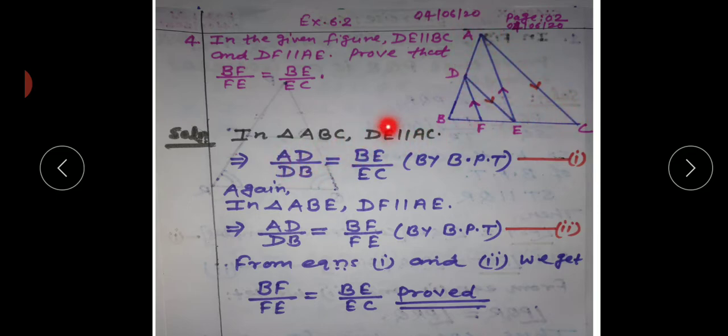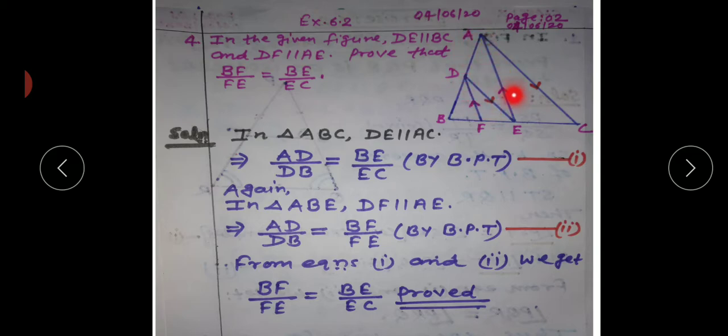So this line segment DE will divide these two sides AB and BC in the same ratio. That is, the ratio of AD upon DB will be equal to the ratio of BE upon EC by the basic proportionality theorem. Let us consider it as equation first. And again another parallel lines are given here.